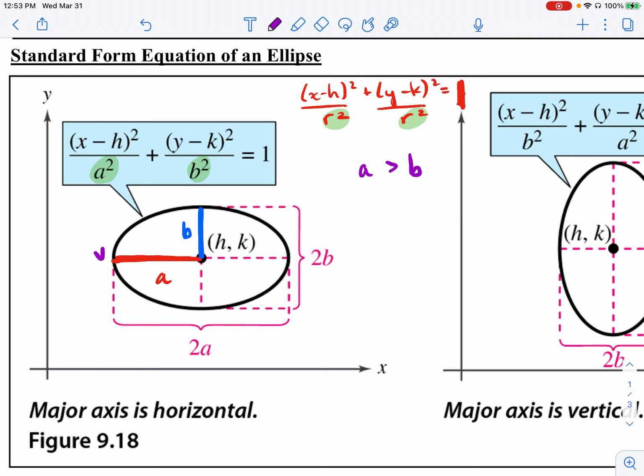When we're looking at the standard form equation of an ellipse, you just look at the larger denominator. Whichever one is your larger number, that is going to represent your A squared. That tells you whether your major axis is horizontal or vertical. How so? When your A value is underneath your x, think of x as horizontal, then your major axis is horizontal.